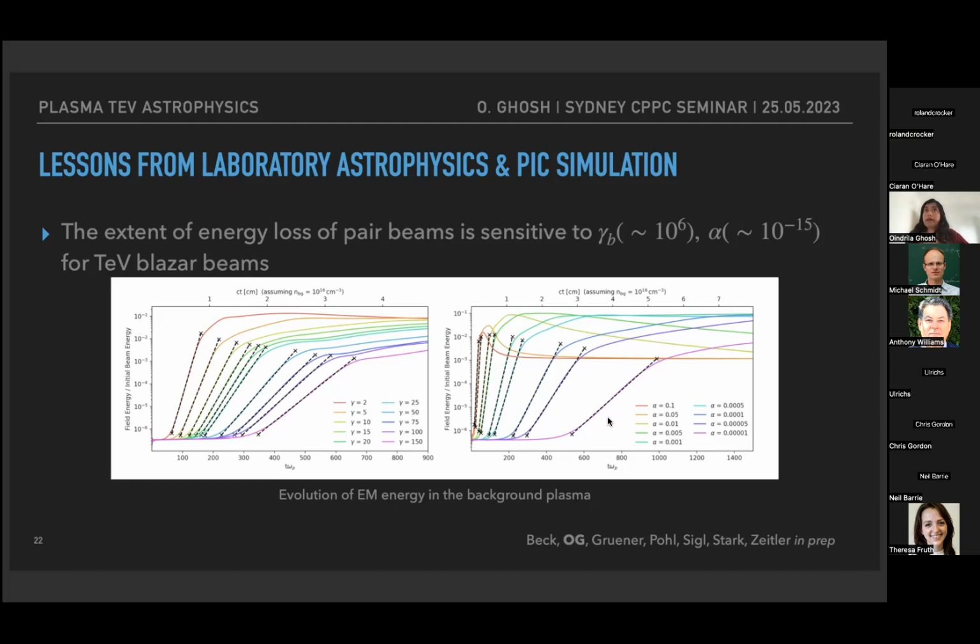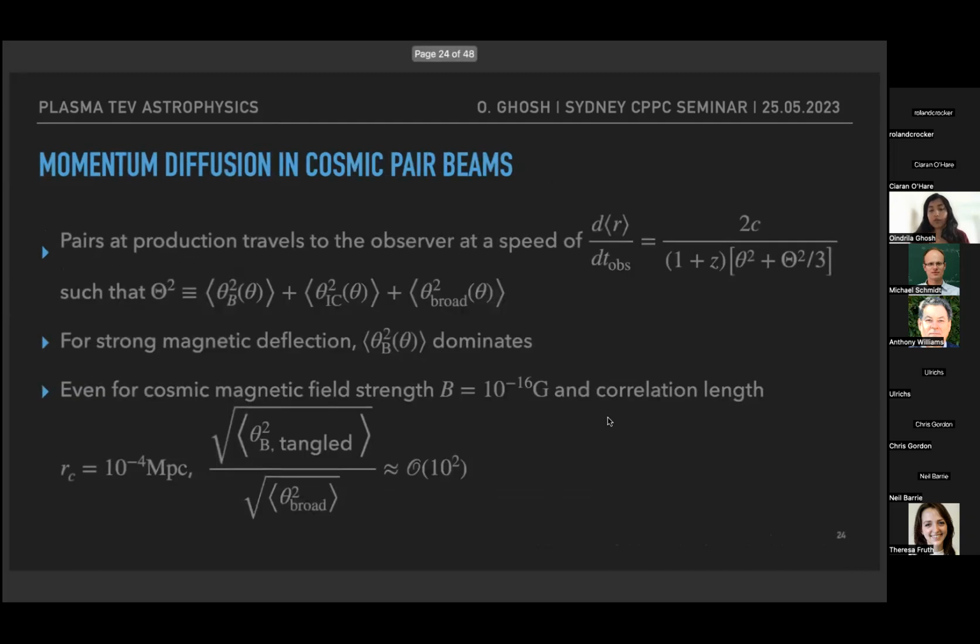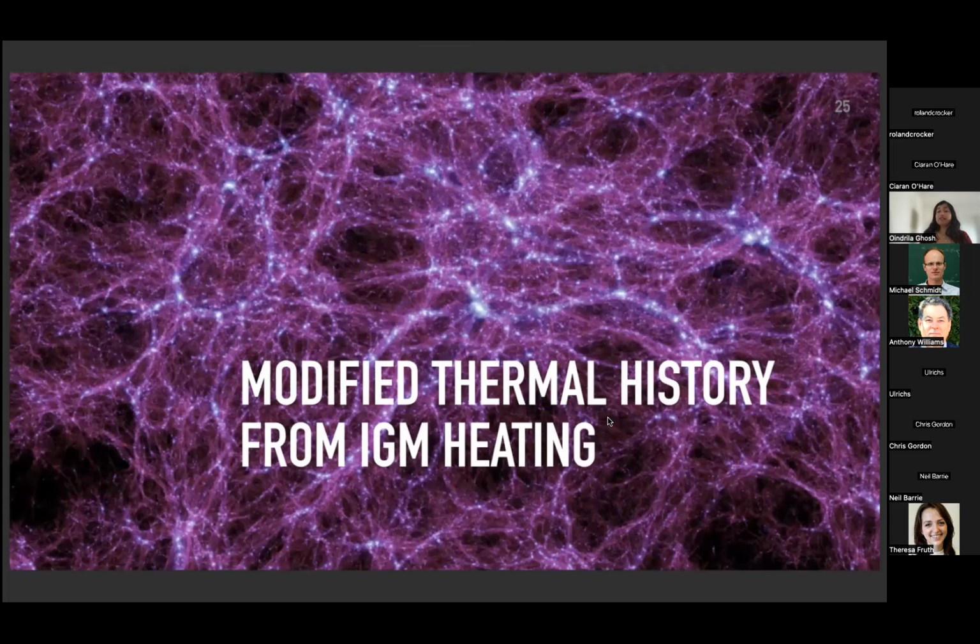And it depends, as I showed in the very first part of this talk, that for intergalactic magnetic fields that are very feeble, we see a competition between magnetic diffusion and the instabilities. Right. So in the next part, I will talk about what could be another observational probe of these instability losses.